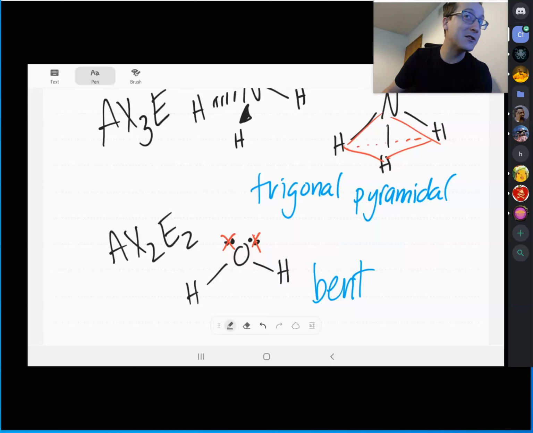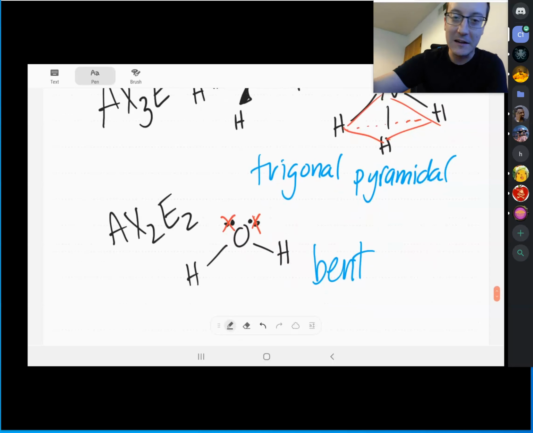I just threw out a bunch of fun words at you. Remember that X's and E's, when you add them up, if it equals 4, that's tetrahedral in terms of electron geometry. We're going to make this big table now. So many new words. But look, trigonal pyramidal and bent are the only new ones for you.